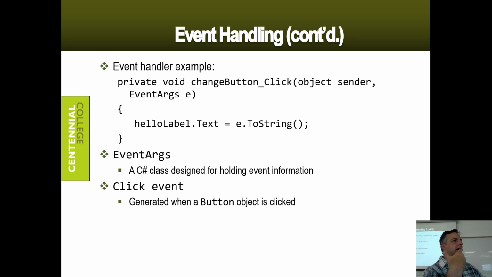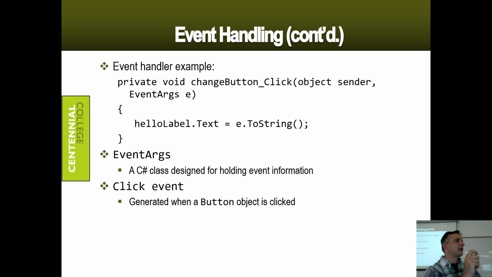For example, in our case, it is the button. And you can have multiple senders using the same event. So I can have multiple buttons sharing the same event handler, and then I can look at the sender object and determine which object sent me the signal. So an example here is when you look at the sender, what is object?